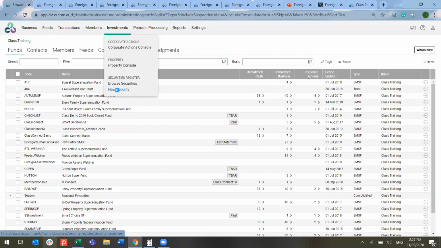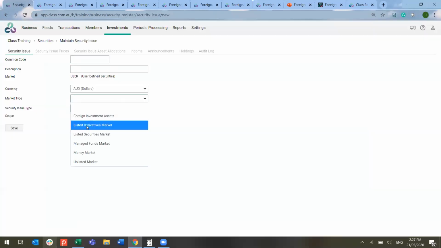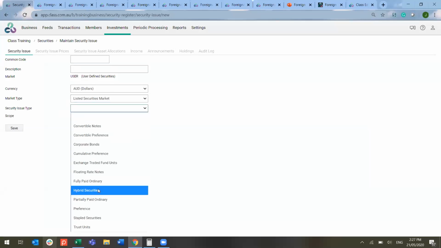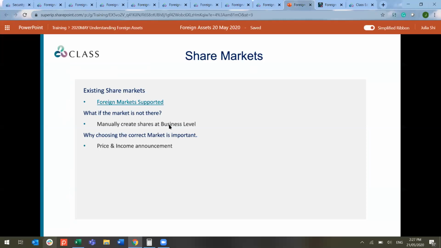This is at the business level, and then enter the information you need. These investments can then be used by your practice. However, you need to maintain the price and the income manually in this case. If you do have another market, send a support request to the fees team so they can see how many clients request that particular market.